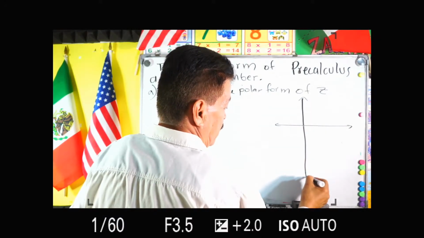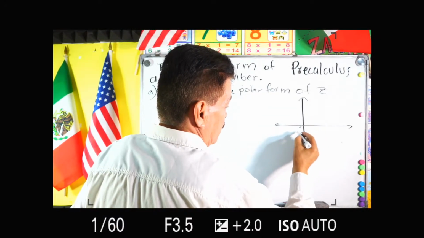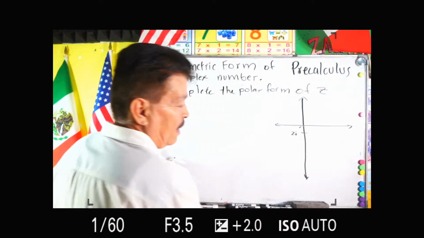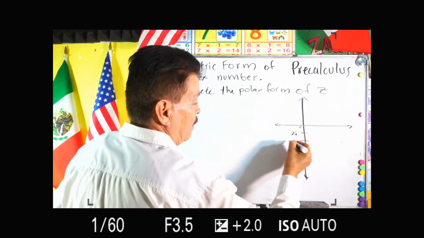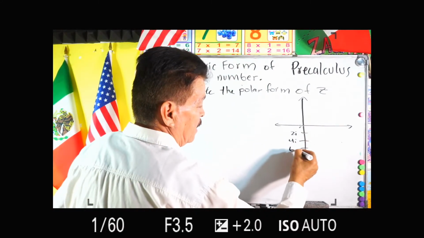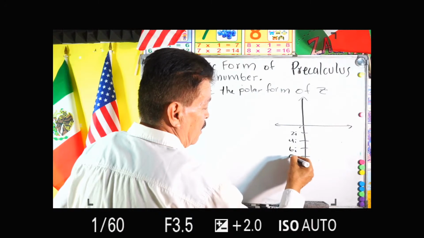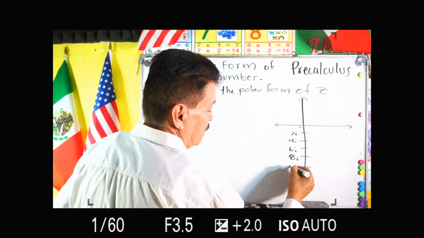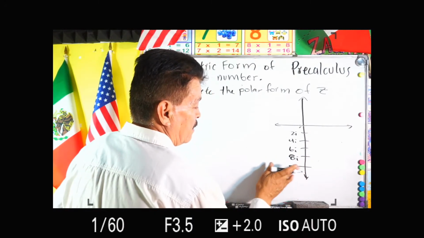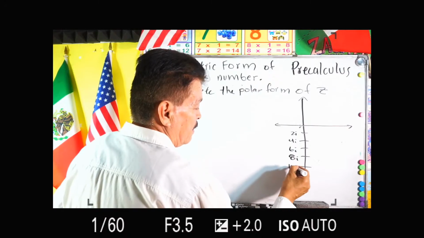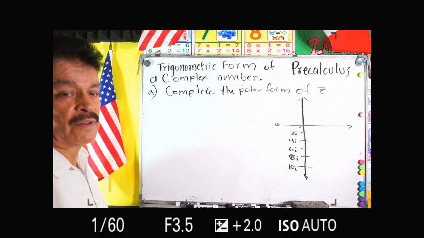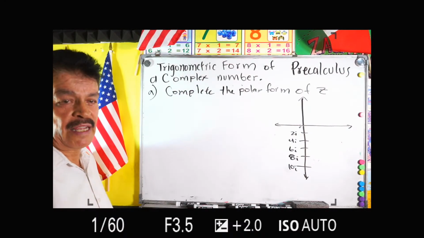So again, this is my graph. We have this is 2i. This is the same graph that I did. 4i, 6i, 8i, and 10i. That's my little graph.